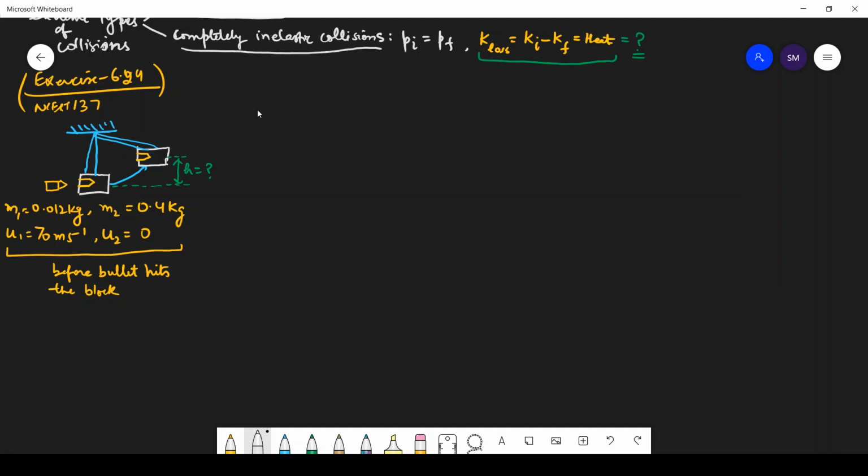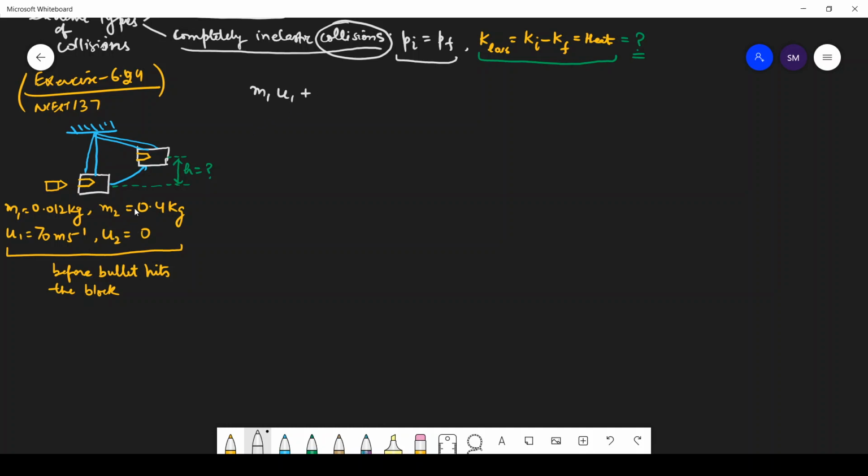Now, as we know that in all collisions in an isolated system where the sum of net external forces is 0, Pi is equal to Pf. It means initial momentum is equal to final momentum. So what is the initial momentum here? Initial momentum is m1u1 plus m2u2.